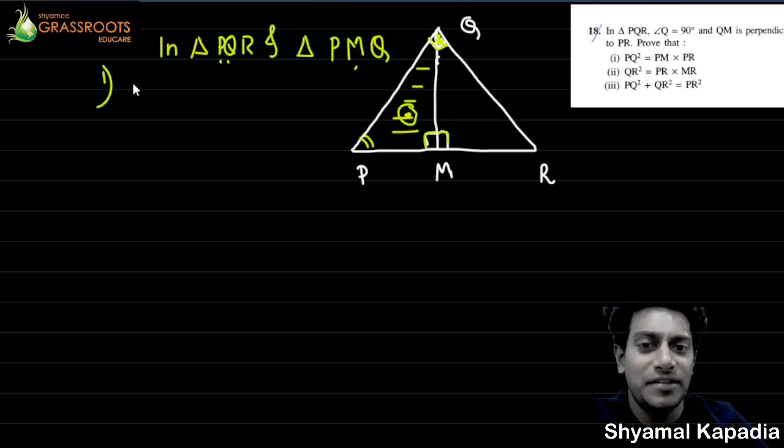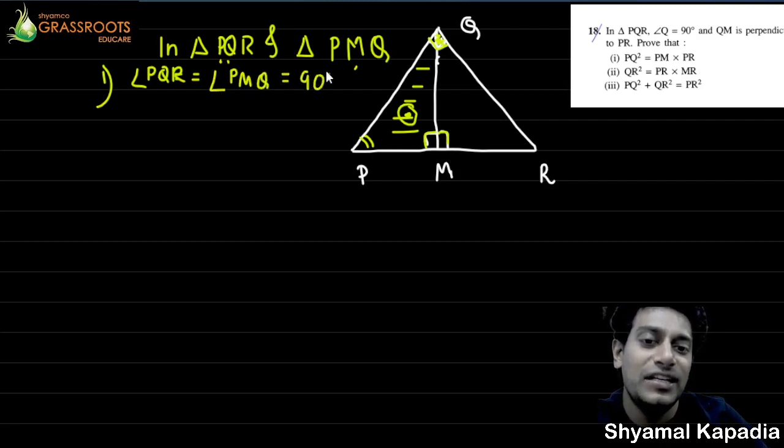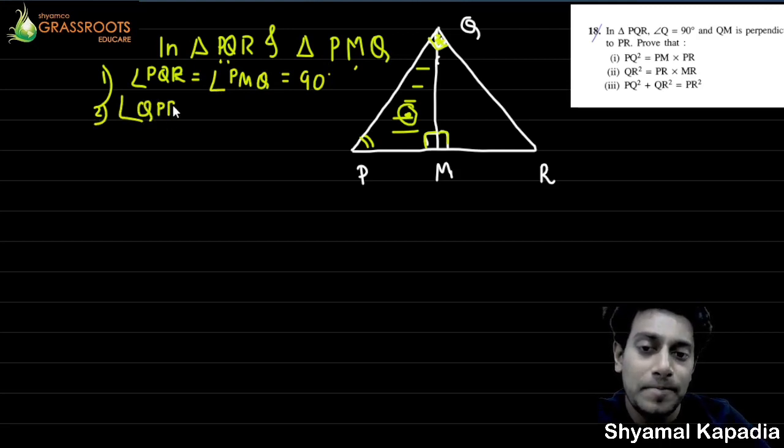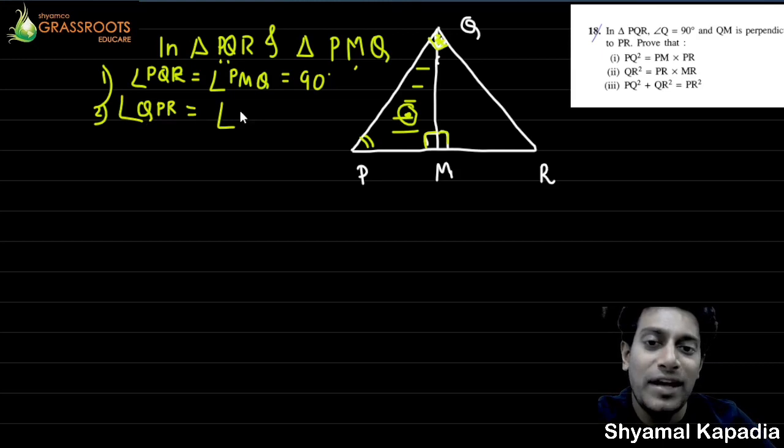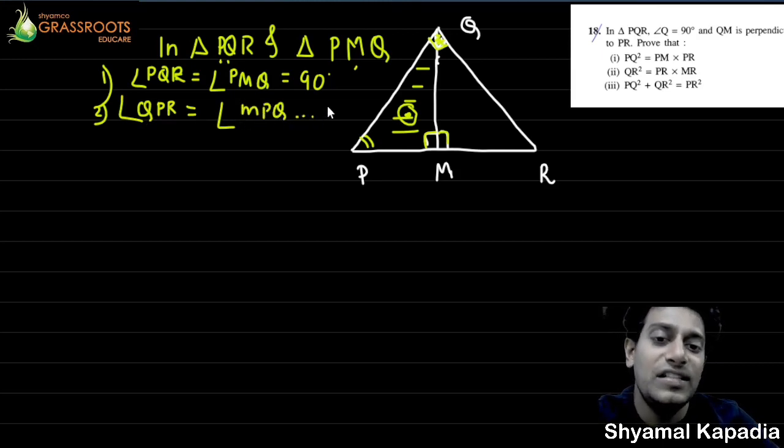Proof is already done. Angle PQR is equal to angle PMQ because they both are 90 degrees, given. Second, angle QPR is equal to angle MPQ. The reason is common angle.